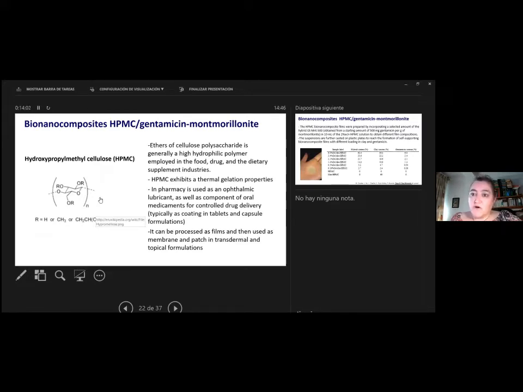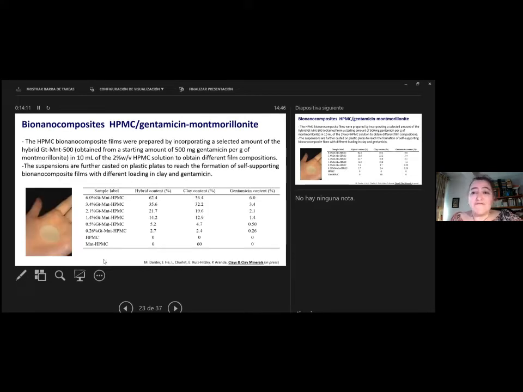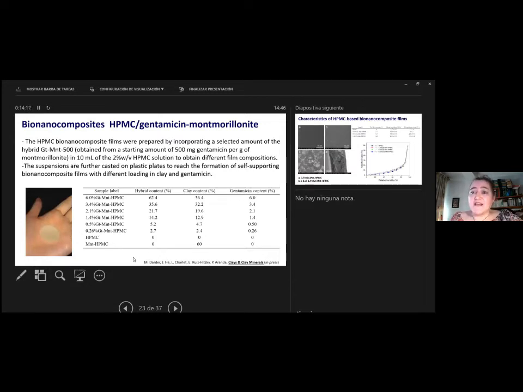So it's important to know beforehand whether we were releasing the antibiotic before we prepared our bionanocomposite, which is not the case. We had the possibility to prepare different types of films that have a very good aspect, and are very easy to prepare just by the casting method.